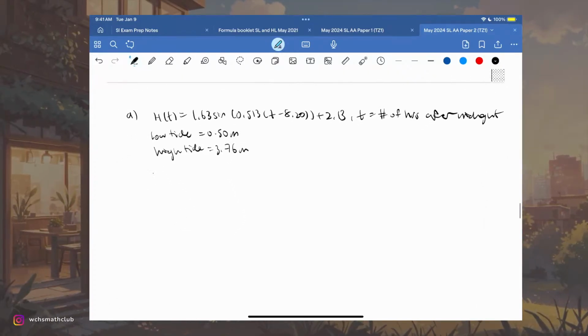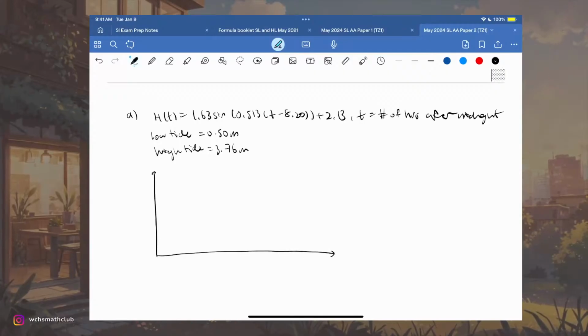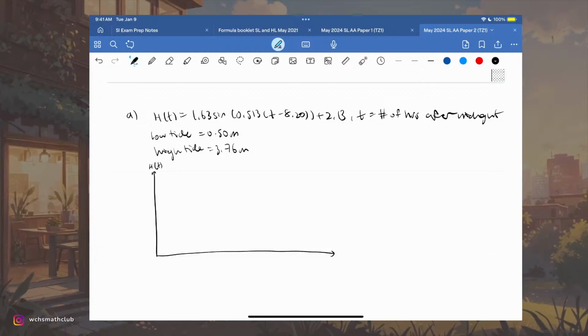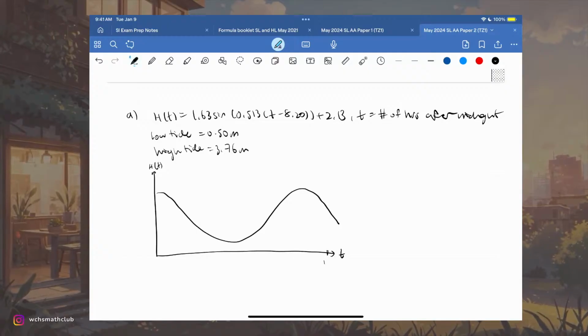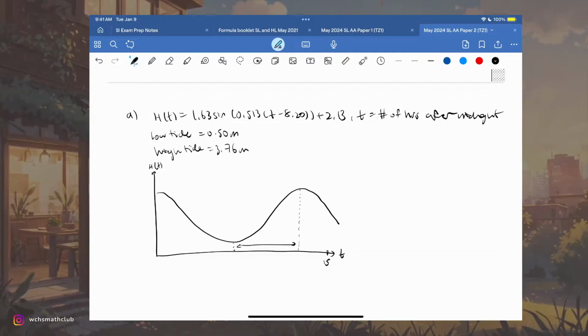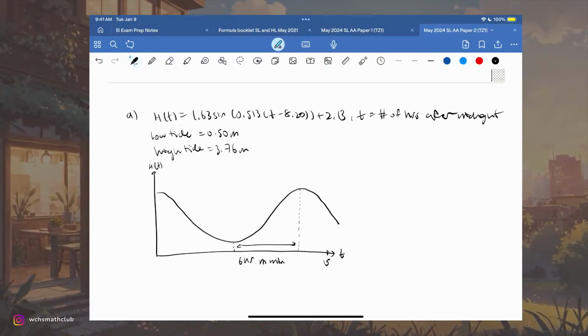Looking at this on a graph, h of t is here, t is here, and the graph will look roughly something like this with 15 at the very end. And we know that this right here between the low and high tide will be 6 hours and m minutes.